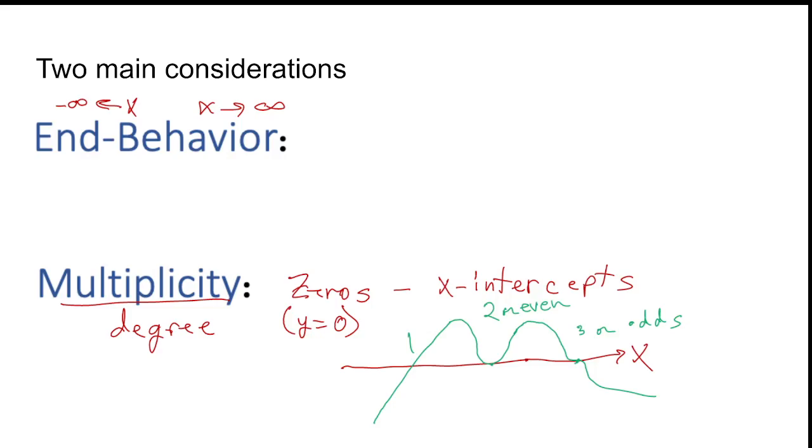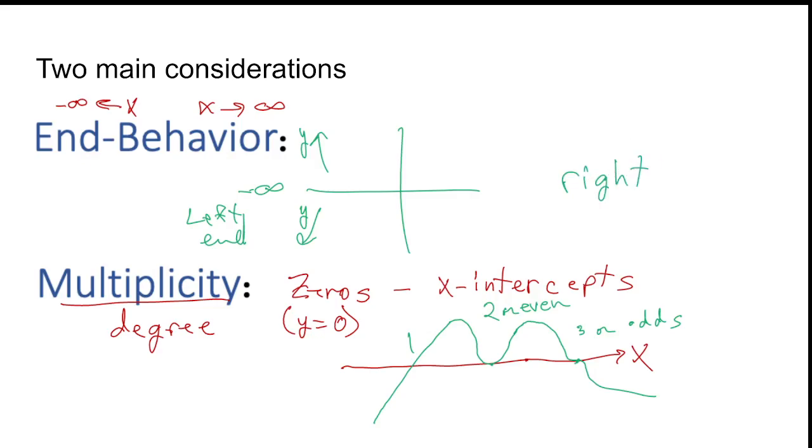And again, end behavior is on the graph, whether y goes to negative infinity or whether it goes to positive infinity as x is going towards negative infinity. So there's the left side of the graph, left end behavior. And then there's the right side of the graph, or the right end. What's happening?